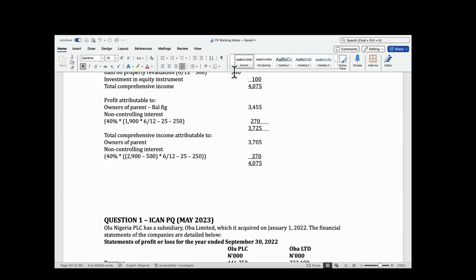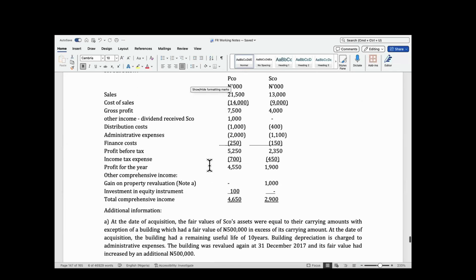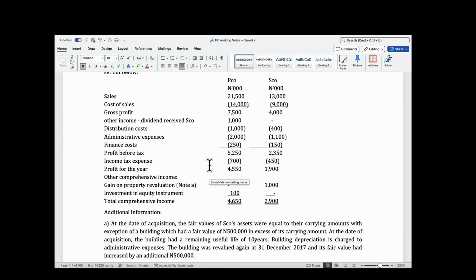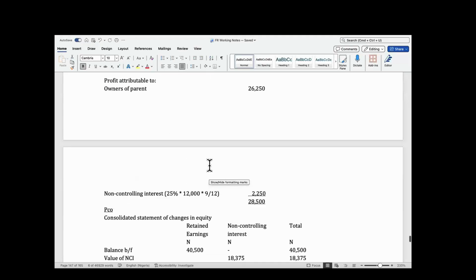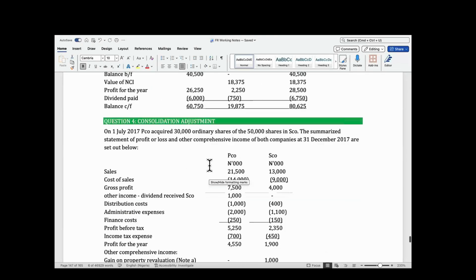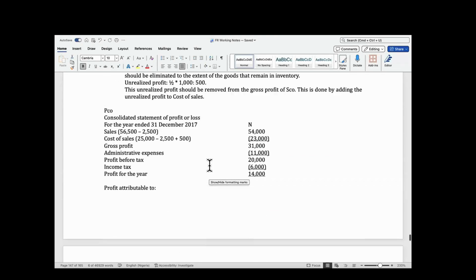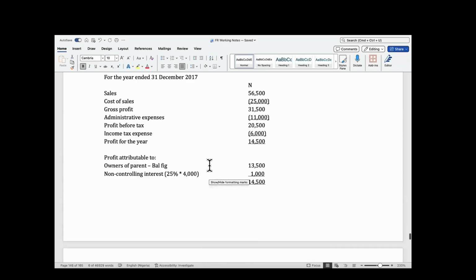Okay. Yeah, David, I can see your hand. Go ahead, please. So sorry, did you say that when calculating NCI, if there's impairment using fair value, it should be shared? Okay, if you're using fair value, both parent and NCI are supposed to suffer the impairment.